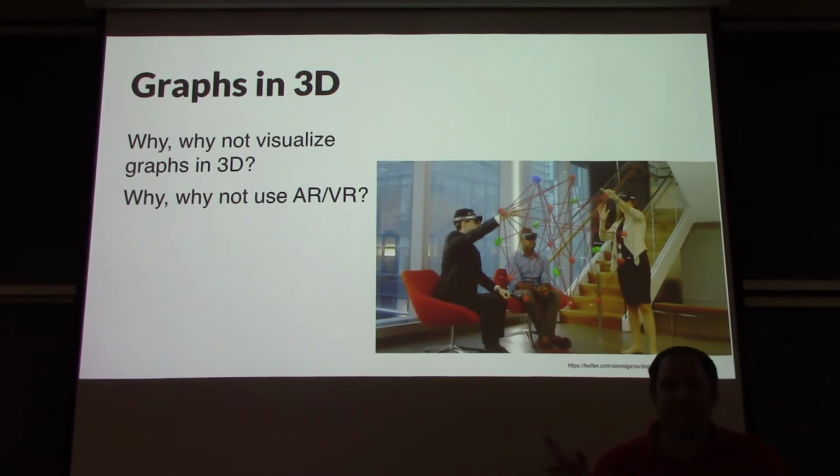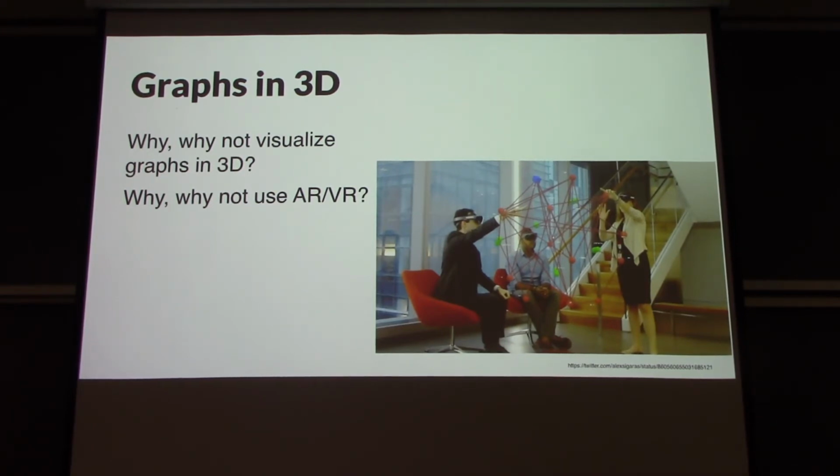Maybe I should take a step back. What is the difference between AR and VR? AR is augmented reality, and VR is virtual reality. If you use a Microsoft HoloLens, you have a projection of a video in a scene that you actually perceive.